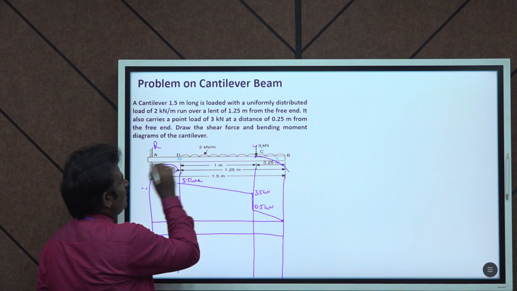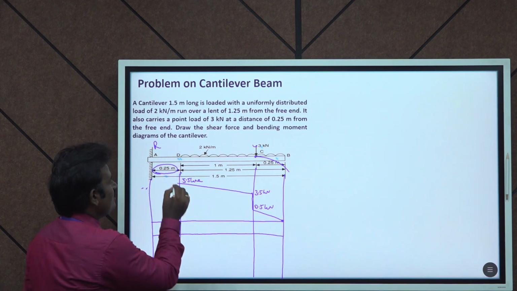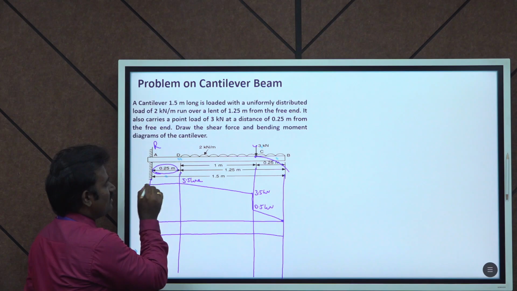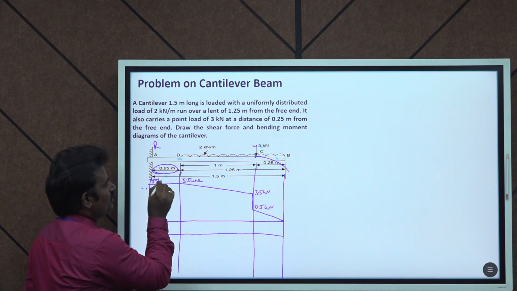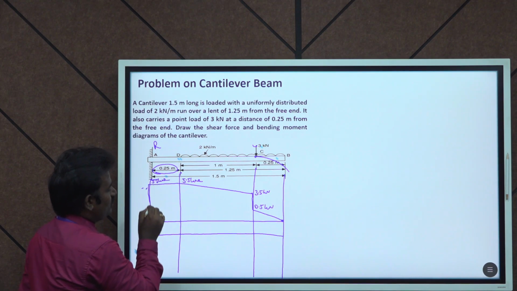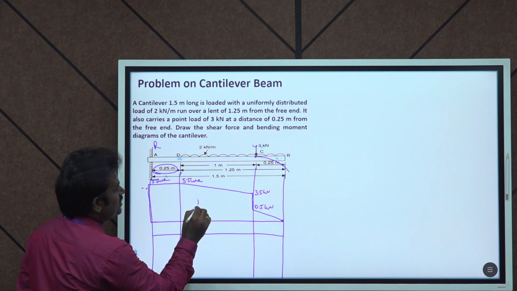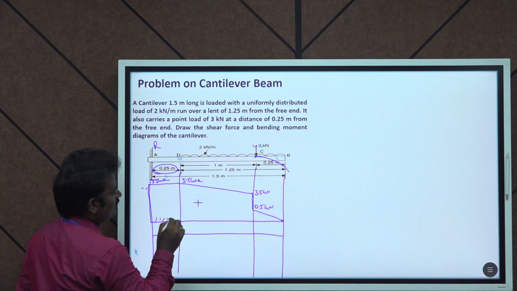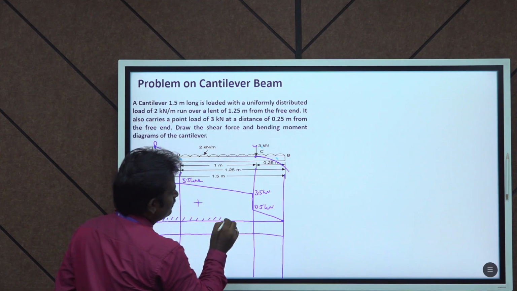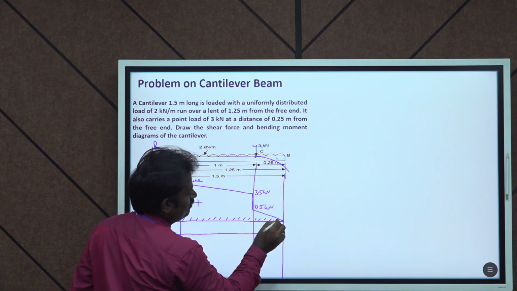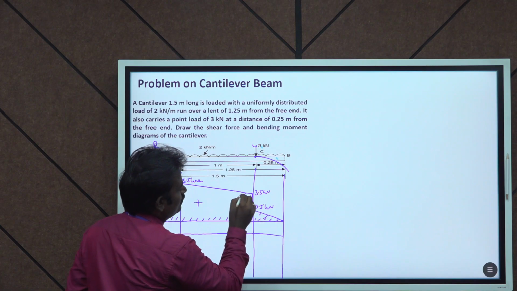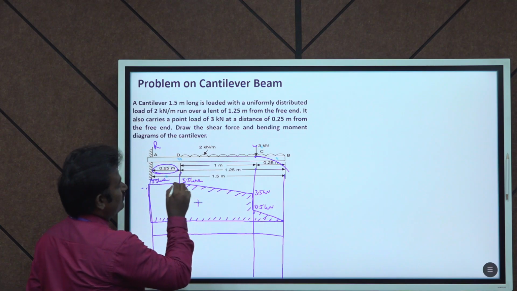Between A to D no load is acting, so the shear force remains 5.5 kilonewton. This is the shear force diagram for this cantilever beam. Mention the positive sign here, and draw these lines for a better presentation.